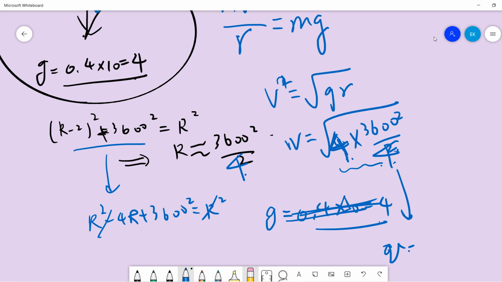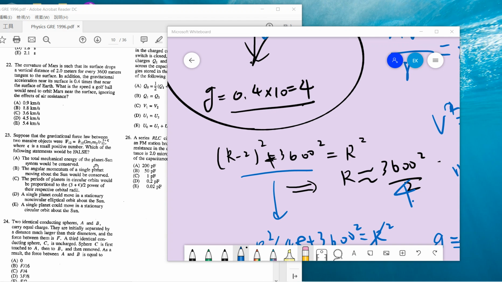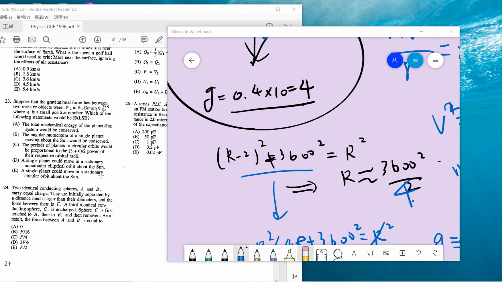So v is just this one, in meters per second, so it's 3.6 kilometers per second. Sorry about this, this is over 4. My computation was too fast. So the answer is C. Your answer is C. Okay, 23.